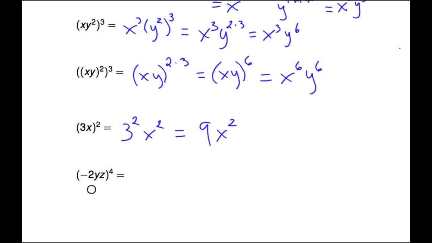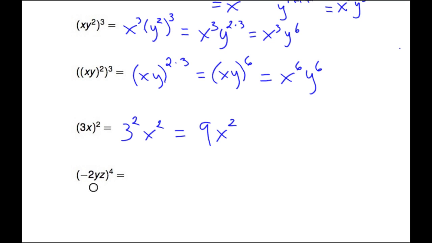Now let's do this example. Again, we have a 3-term base. Now we have a -2 and a y and a z, all in the base of our exponential, and then we have an exponent of 4. So the rules still apply. It doesn't matter that the negative's in here, it doesn't matter the 2's in here, everything is just going to get this 4th. Right? Everything's going to be raised to the 4th power.